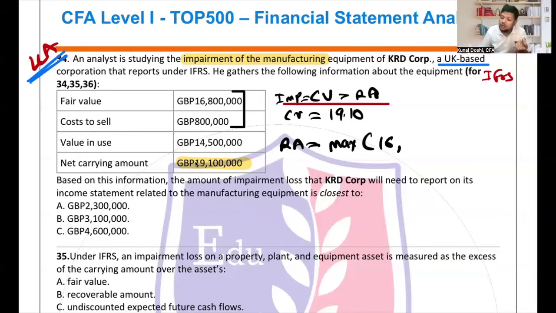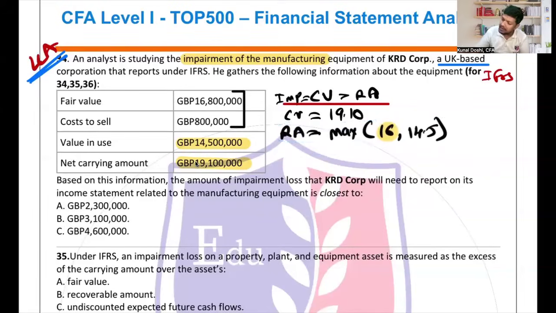Or value in use, if you plan to continue to use. Imagine you have a car. If you plan to continue to use it, you'll get 14.5. But if you sell it off right now, you'll get 16. So which one will you choose? You will always choose the one which gives you higher value. That higher value is 16. So my recoverable amount should be the higher of both. Are you with me?